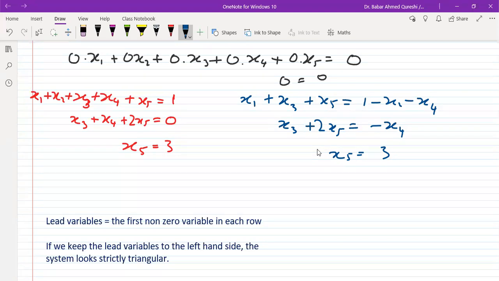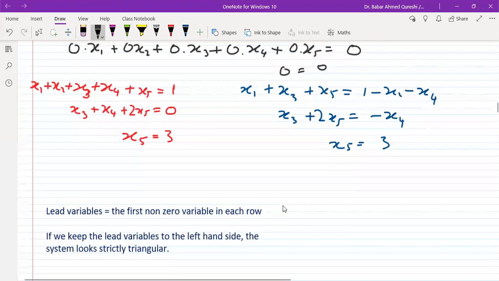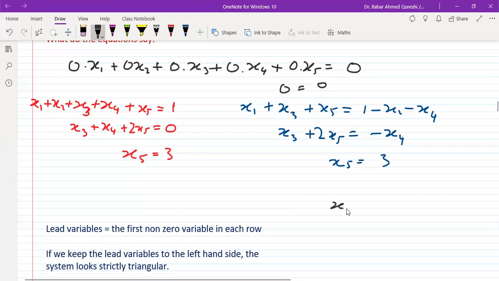I can give a number to x2 and x4, any number. Let's say I assign x2 as some value and x4 as -7. I'll generate some numbers over here. This will be 7. This would be +7, -5. This would be 3.